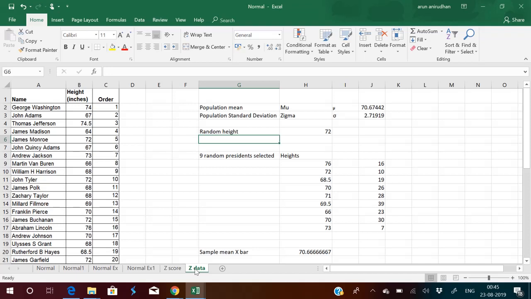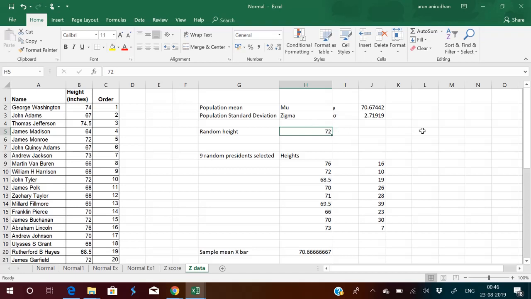So we find the population mean mu and population standard deviation sigma by using the respective formulas, average and standard deviation. Standard deviation is STDEV.P, that's for the entire population. And we took a random height 72. And suppose you want to find the z score of this single value, what will you do?